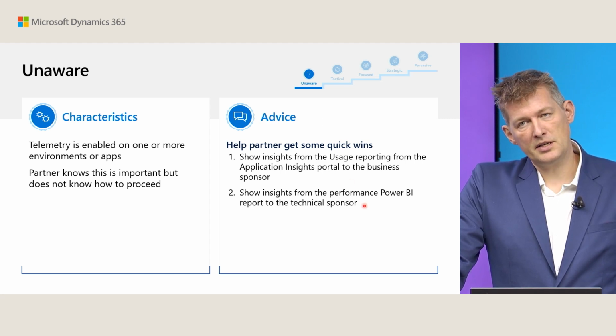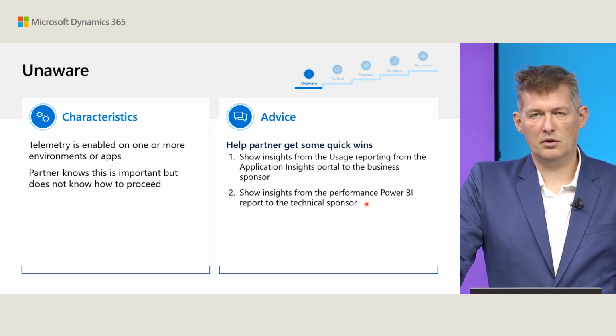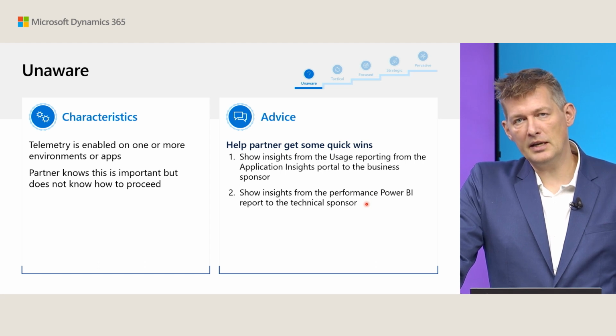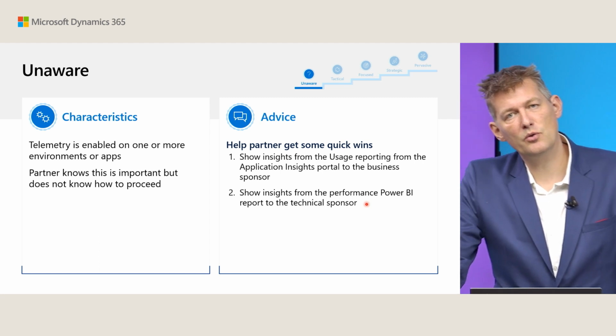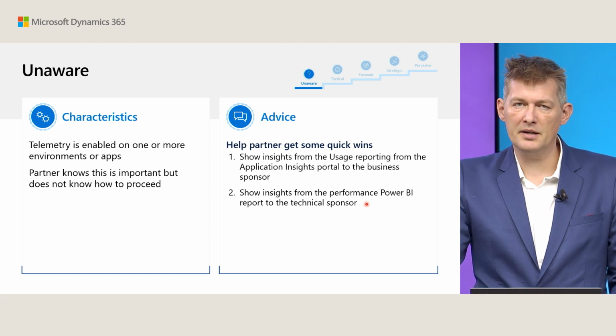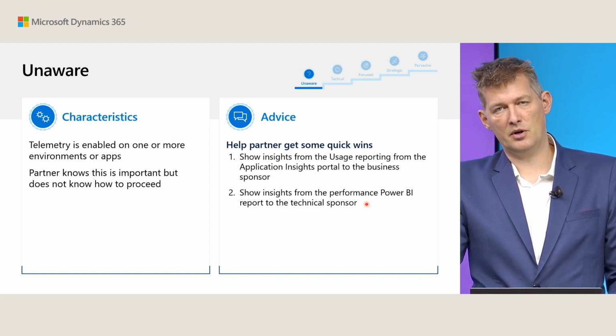And then the technical sponsor could typically be head of support or the product owner or development leads and the people working there. It's typically where you need to troubleshoot, analyze performance, analyze stability, use data in resolving problems for customers.